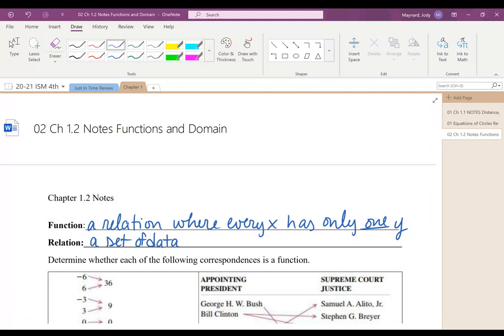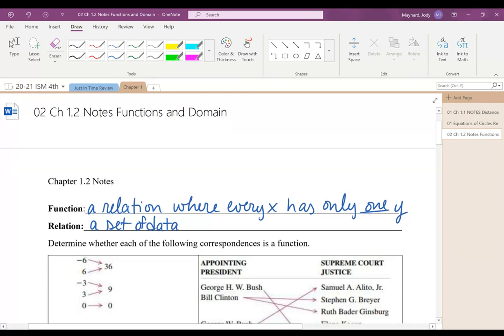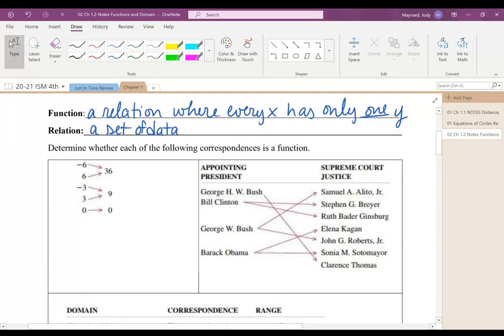Now, what makes a relation a function is when every x value only has one y value, and it's a distinct y value. So let's look at each example here. This is determine whether each of the following correspondences is a function. So this correspondence, each x value, here's an x value, here's your y values. Each x has only one y value. What would make this a relation is that it's a set of data.